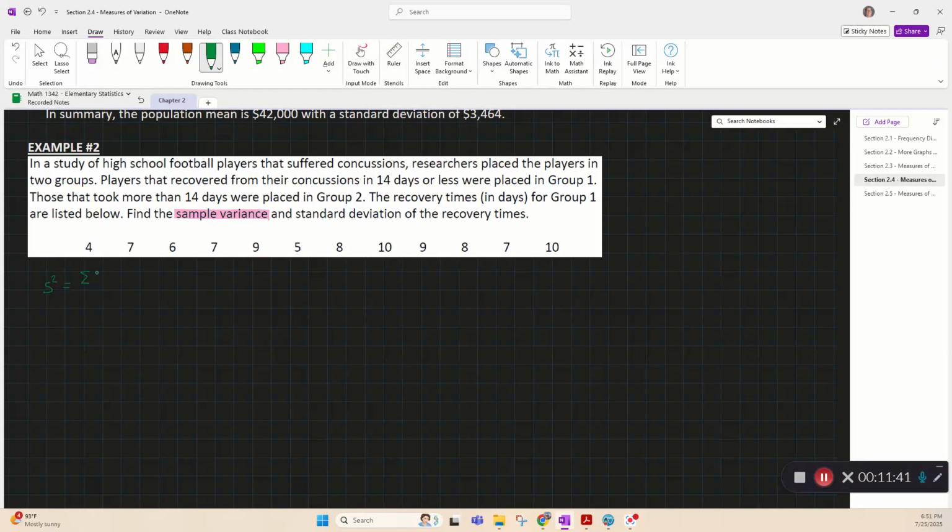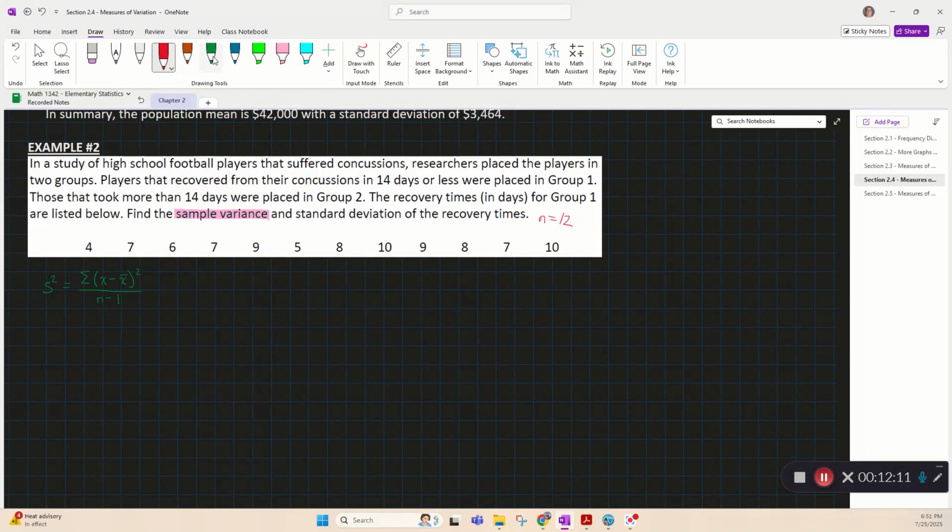That's going to be the sum of the squared deviations divided by n minus 1. Okay, so what's our n? How many observations do we have? 1, 2, 3, 4, 5, 6, 7, 8, 9, 10, 11, 12. So n is equal to 12. There's 12 observations here.